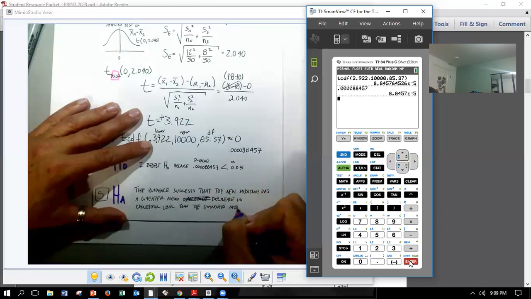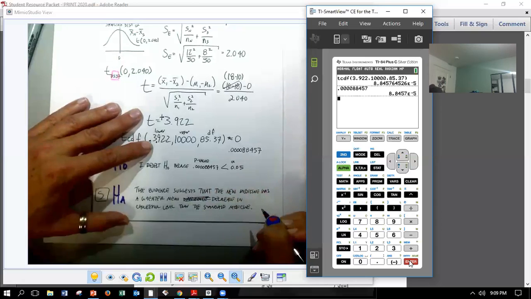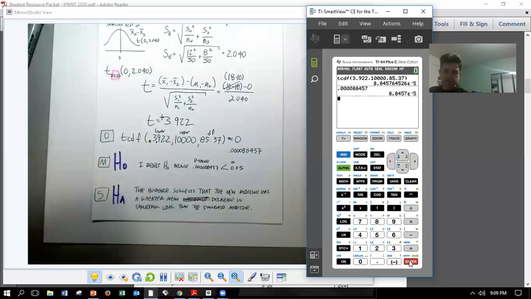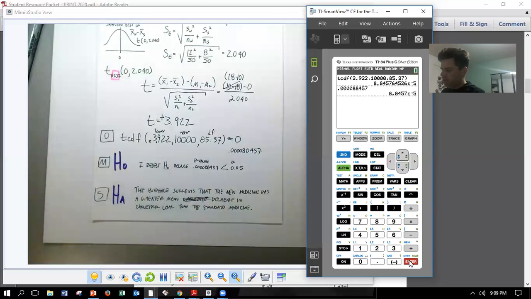And I might even go as far as to mention that it was unique to this group of people, the people who initially were between 250 and 300. Okay.